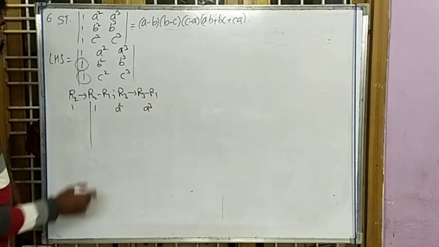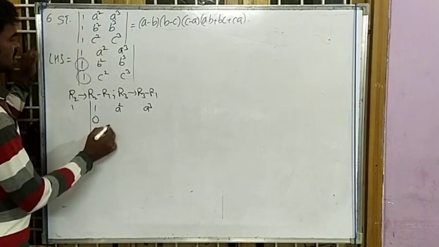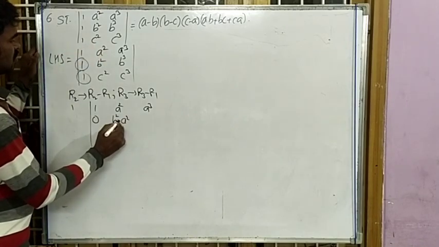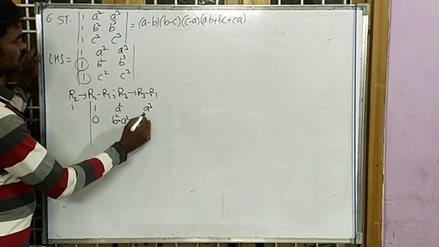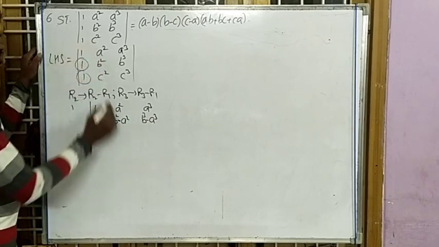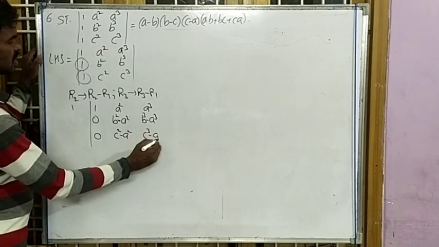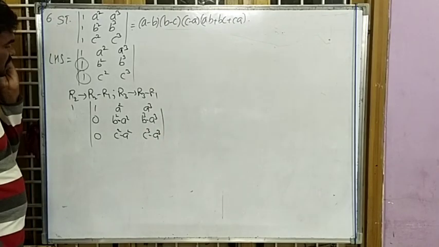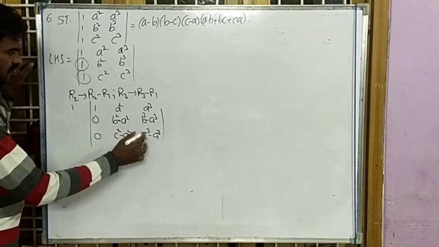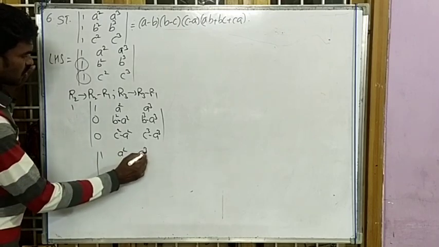For the second row minus the first row, I am doing 1 minus 1 is 0, B square minus A square and B cube minus A cube. Similarly, the third row minus the first row: 1 minus 1 is 0, C square minus A square and C cube minus A cube. Here I am just rewriting 1 A square A cube, 0.